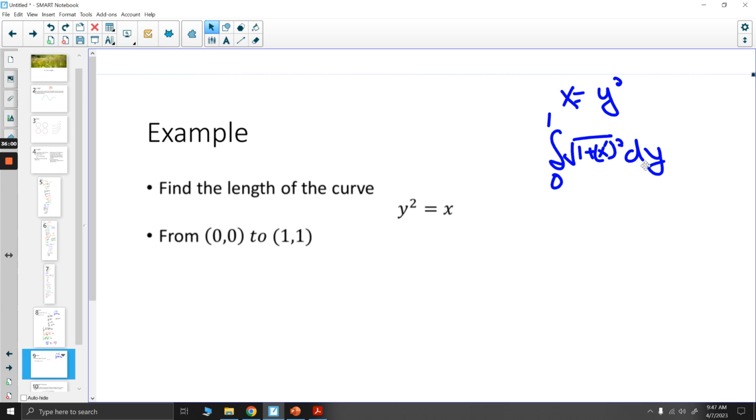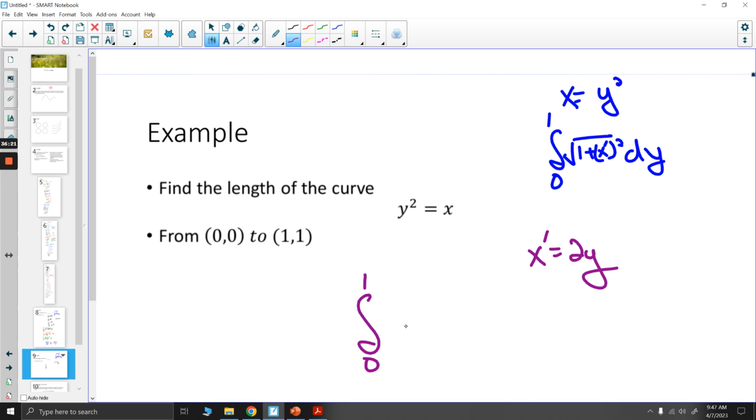And so we integrate with respect to y, and we do it along the bounds of our y-axis from 0 to 1, which happens to be the same as the x-axis, but don't be confused by that. Maybe I should have written a better problem if I didn't want you to be confused by that, but oh well. Okay, so let's find what x prime is. x prime is 2y. Okay, so we have the integral from 0 to 1 of the square root of 1 plus 2y squared dy.